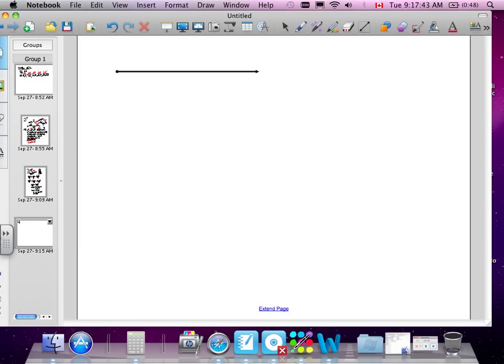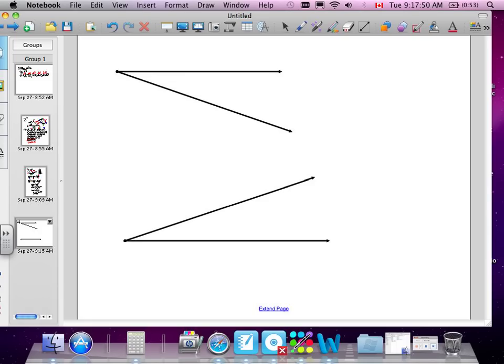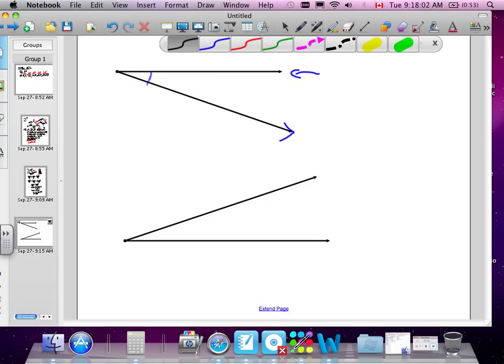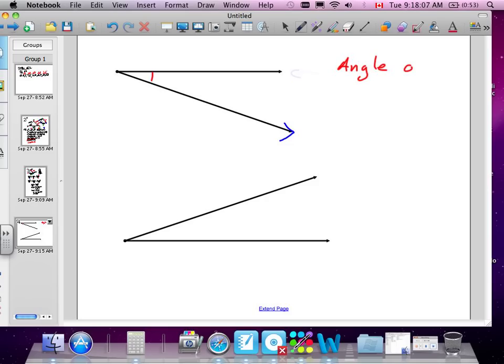So these are two definitions that I actually assumed you knew, but I shouldn't have done that. If you have something set up like this, where you have a horizontal line and then an angle heading in a downward direction, this is called an angle of depression.